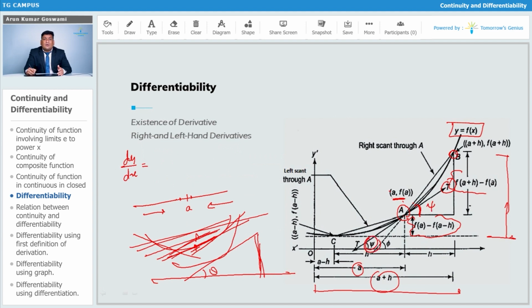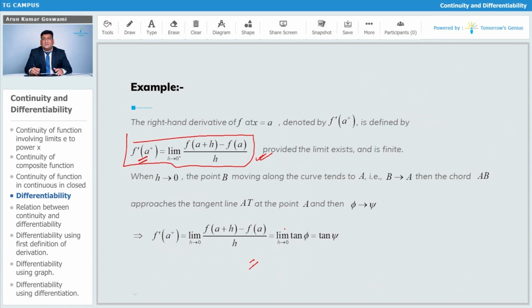Theta means this phi only. Tan phi means slope of a curve, or slope of the tangent. So tan phi or tan psi, both are the same in our case.